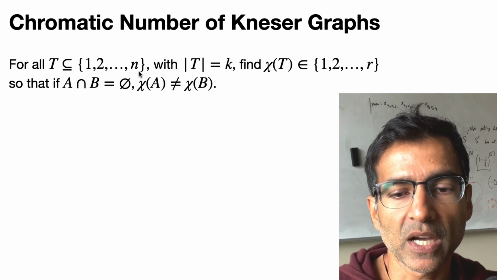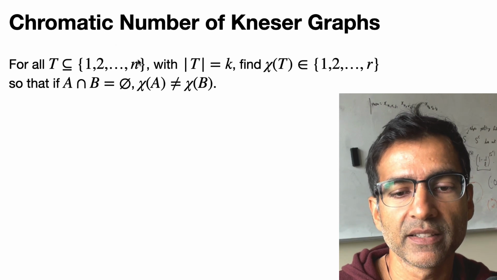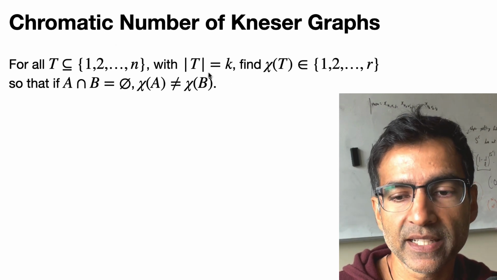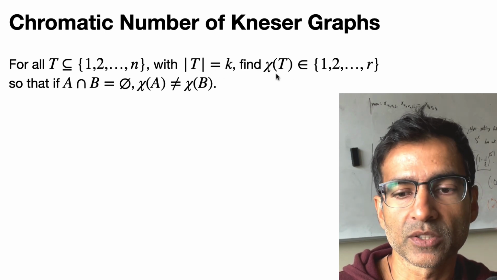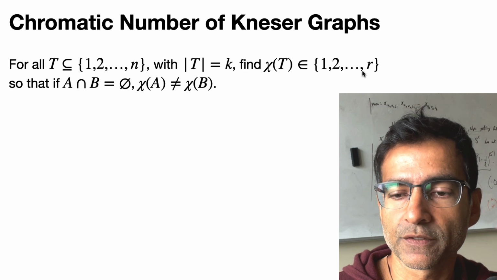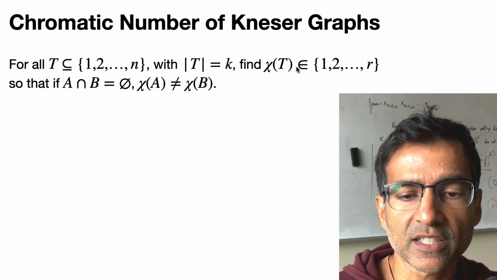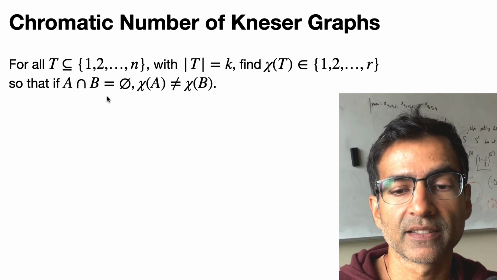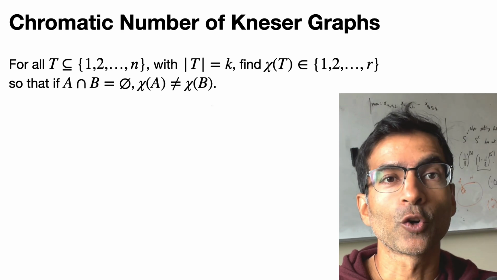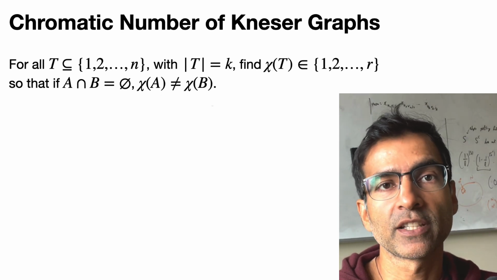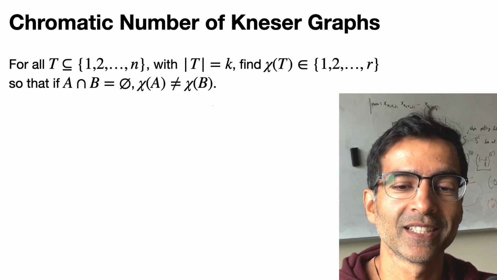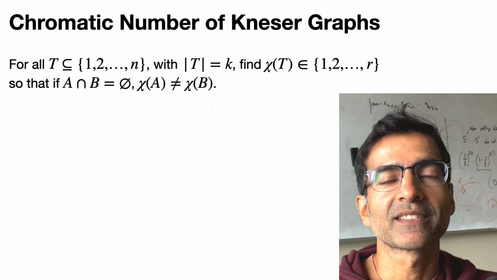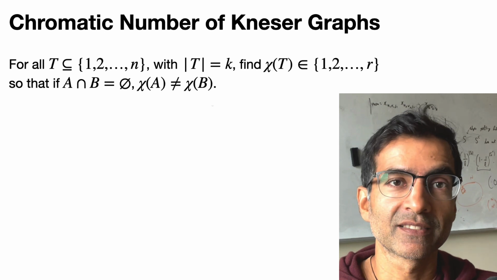Suppose you have the universe 1 through n, and you want to associate to every subset of this universe of size k a color, from one of our colors, in such a way that disjoint sets get distinct colors. So your goal is to try to color the subsets of size k so that disjoint sets get distinct colors. Okay. So the question is, how many colors do you need to do this?